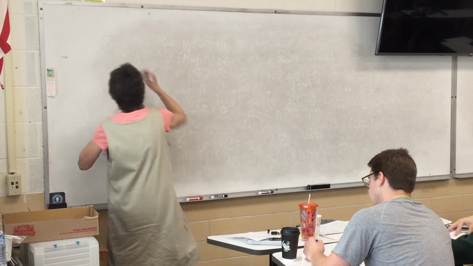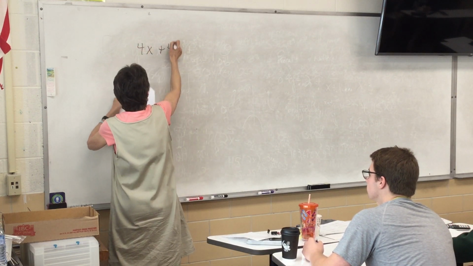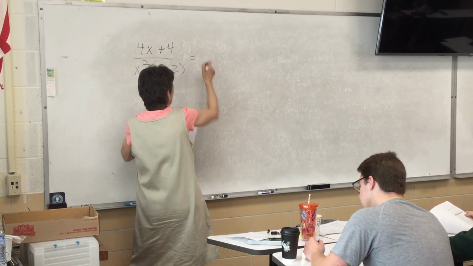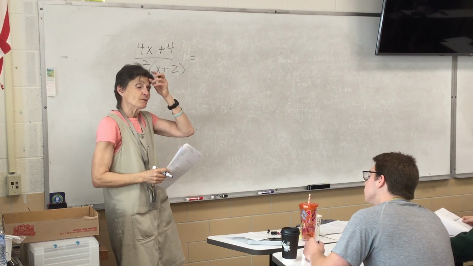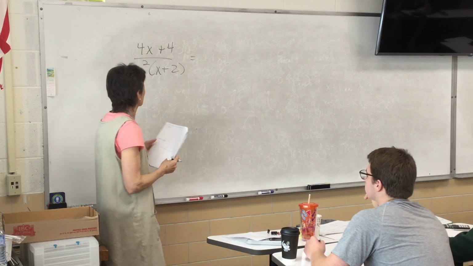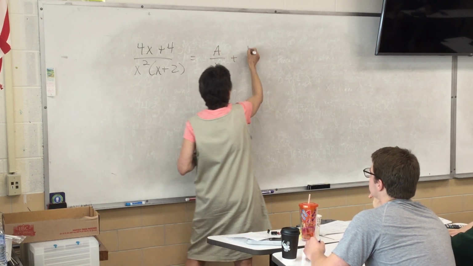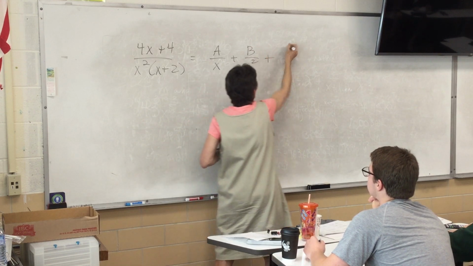All right, so who remembers how to do this problem? This one's a little bit, well, I think we did one like this yesterday. What do I do? Philip? You split it into A over x plus B over x squared plus C over x plus 2.